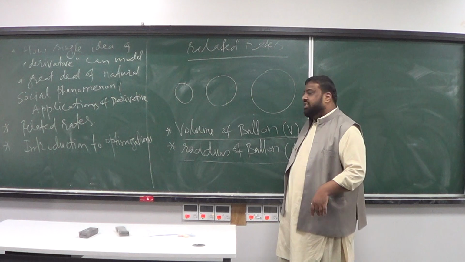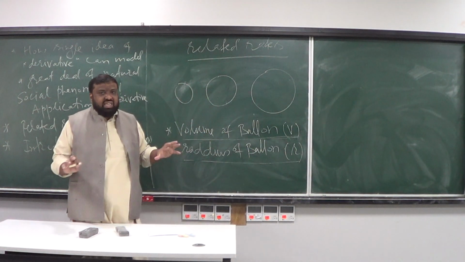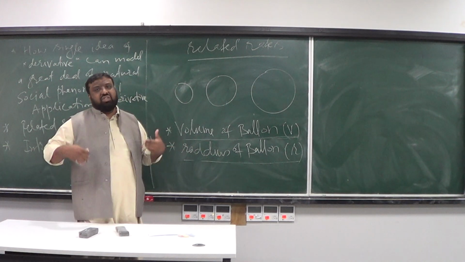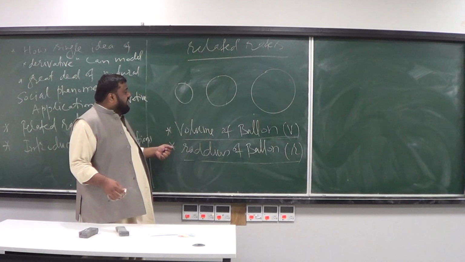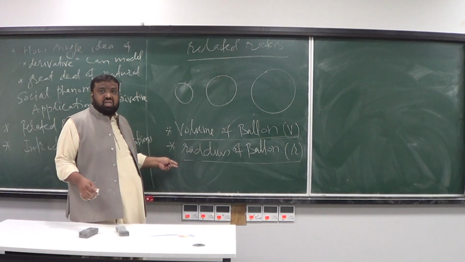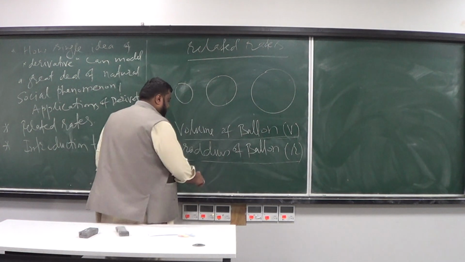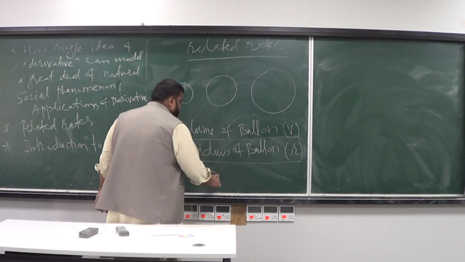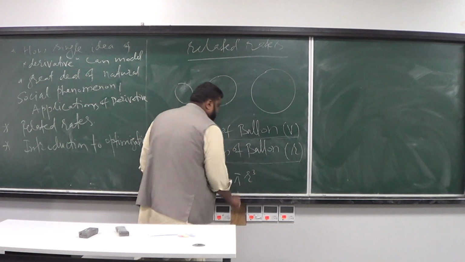So the trick is this: in related rates problems, the key step is to know the relationship between the two quantities. We know that a balloon is like a sphere, and the volume of the sphere is 4/3 pi r cubed.